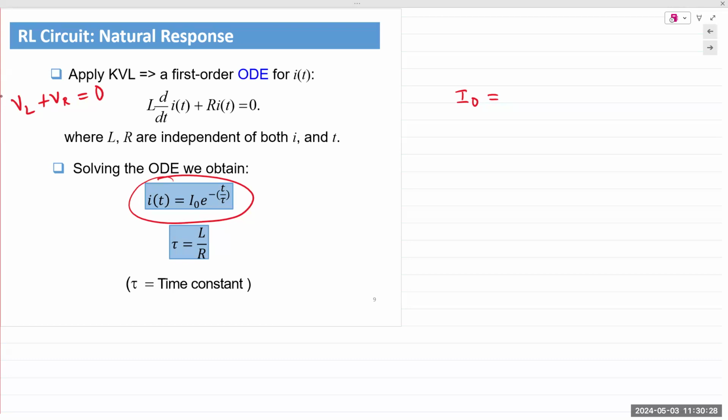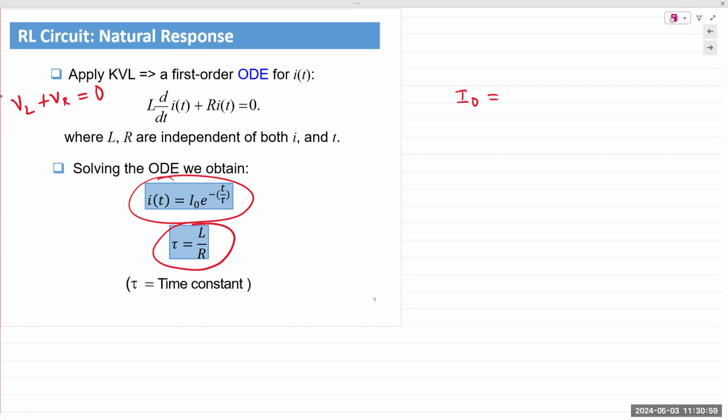This is a discharging problem, so I0 is probably at a certain high level, and from that point on, it is simply going down. And that is given by e raised to minus t over tau. It has an exponential relationship with time. T is the variable. Remember, I of t is a function of time. And tau is the time constant. It is fixed, and depends on the value of the inductor and the resistor.